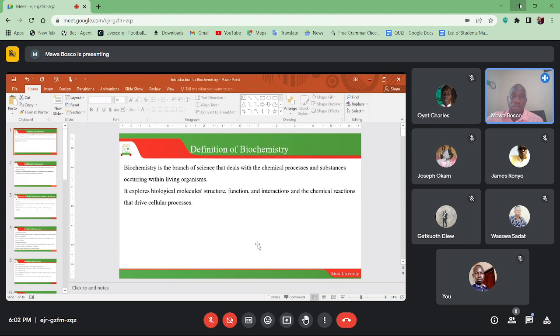So this is one condition under which we apply biochemical knowledge. We know that sickle cell is caused because of a gene defect, and these gene defects can only be recognized if you understand the biochemistry of nucleic acids. In this case, it is the DNA, and especially the X chromosome where the defect is carried.